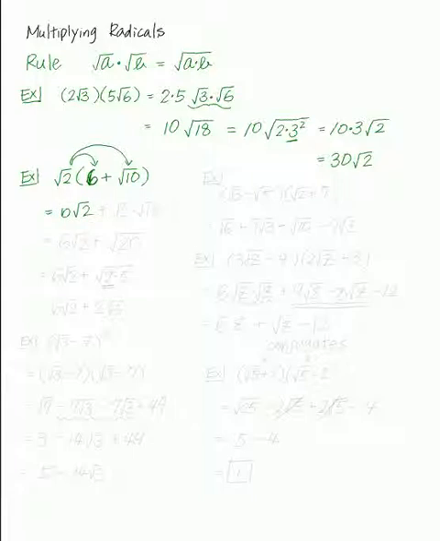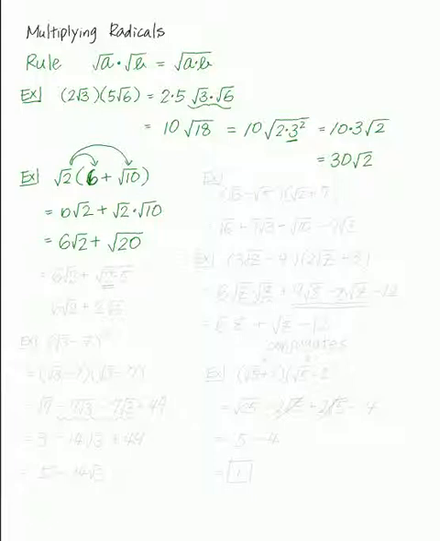So I get 6 root 2. And I'm going to multiply the root 2 times the root 10, which is going to give me root 20. Root 2 times root 10, I'm going to use the rule from above where I can actually multiply the radicals to give me root 20.